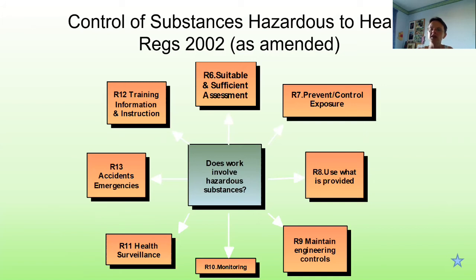So lastly, this is a piece of legislation that came as a result of a European directive. So no health and safety legislation in this form would be complete without the training, information and instruction. It's not sending your staff away on a weeks-long course on how to use chemicals, but what do they really need to know?